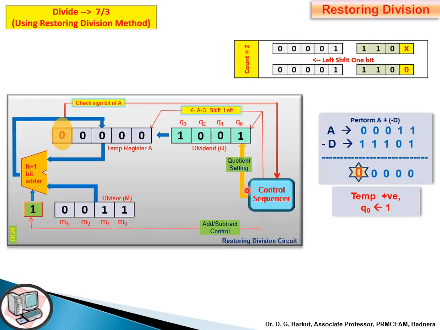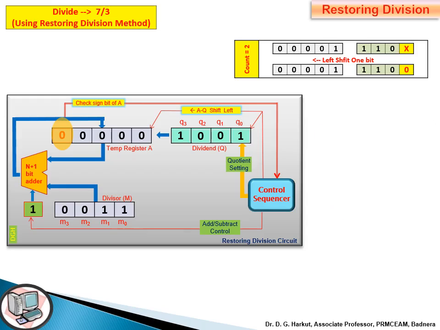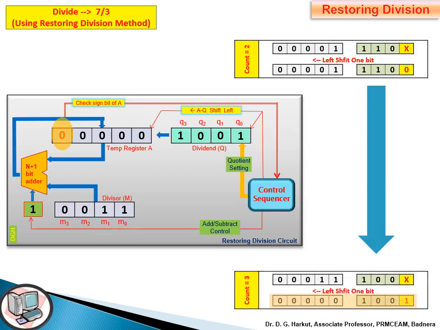Hence, control sequence generator sets the value of Q0 bit to 1. And since temporary value is positive, we need not restore the content of register A. Hence, after the end of third iteration, content of register A is all 0 and content of register Q is 1001.